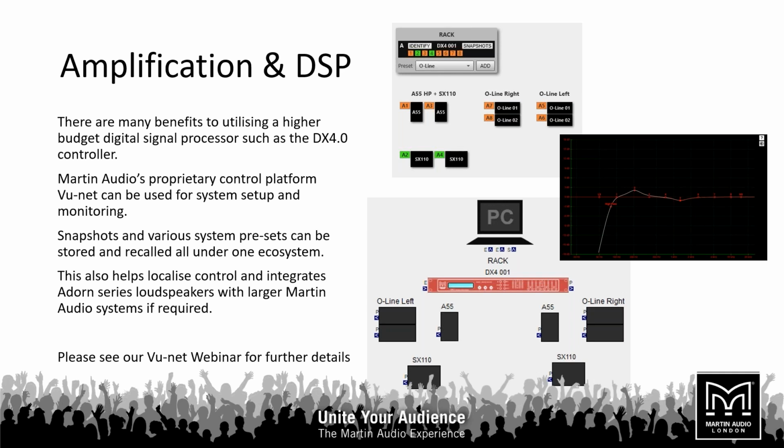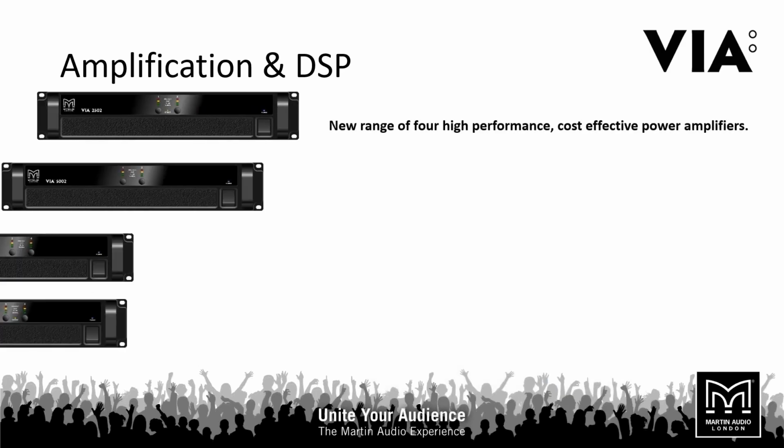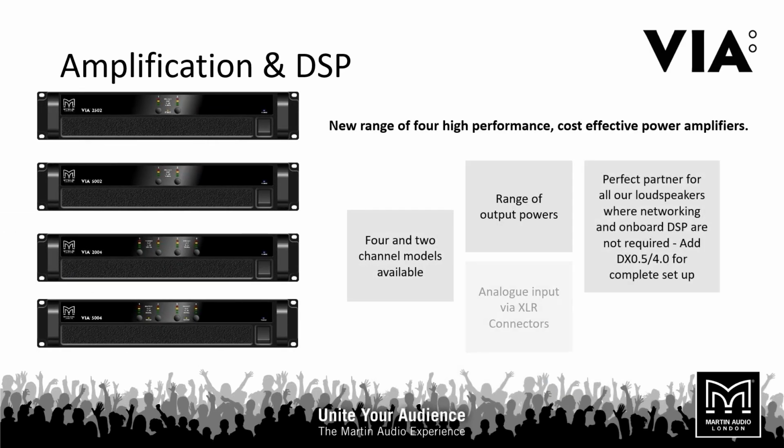For our installation systems, of course, we have our new range of VIA amplifiers. We have two 2-channel amplifiers and 2 4-channel amplifiers, ranging in power to suit the needs of your client. So all the way from a single CDD 5 all the way up to having maybe a couple of our SXC 118 subwoofers on these installation amplifiers.